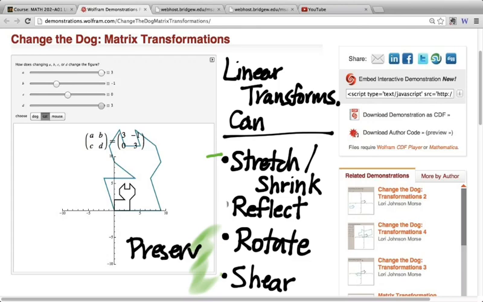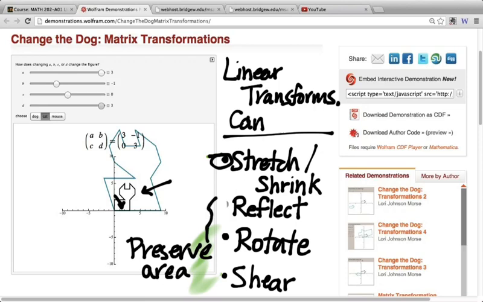Preserve area. So in this example, because the cat that we end up with in our image is so much bigger than the cat that we started with, we can't just account for everything with a rotation and a shear, that we need a stretching going on in there.